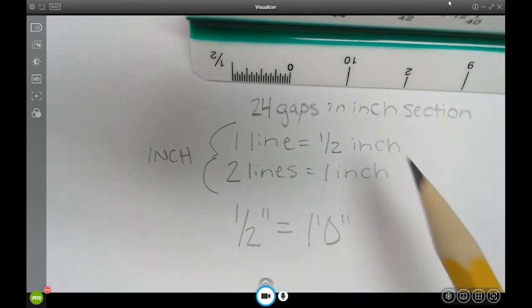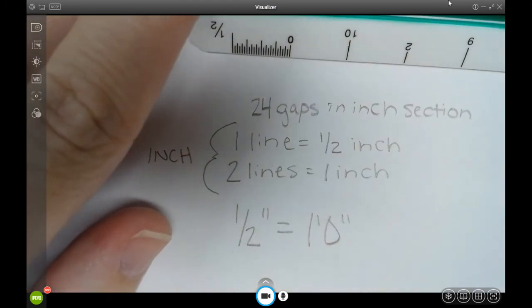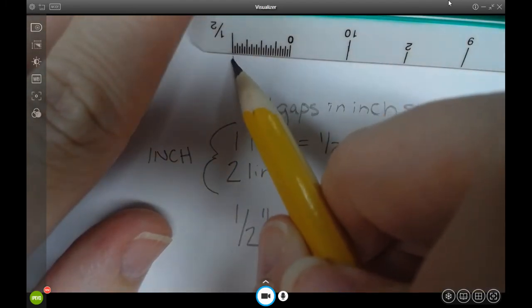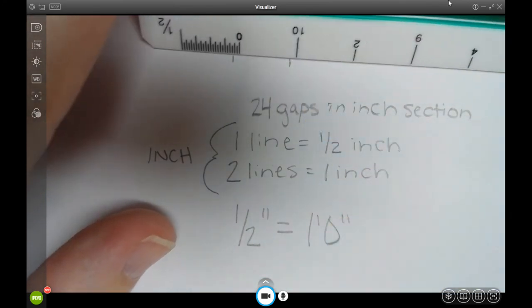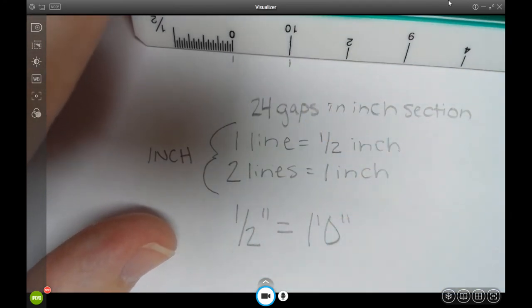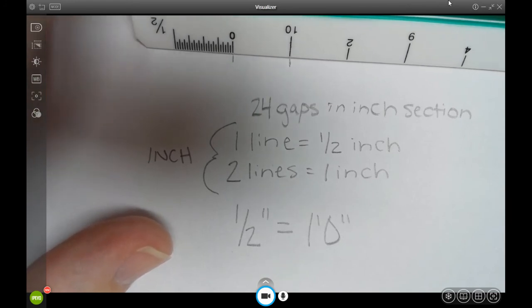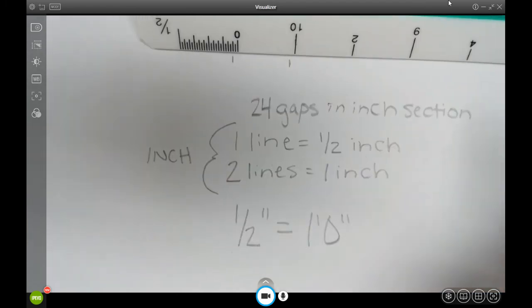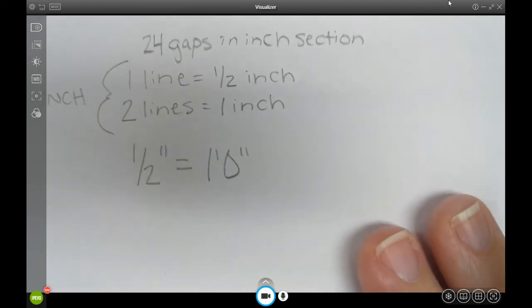All right. The foot section's a little bit easier. Move my scale up a little bit because the gaps here are so big that you know that 1 line on the foot side represents 1 foot. All right, so I'm going to write that. I lift my document camera up. Sorry about the glitchiness.